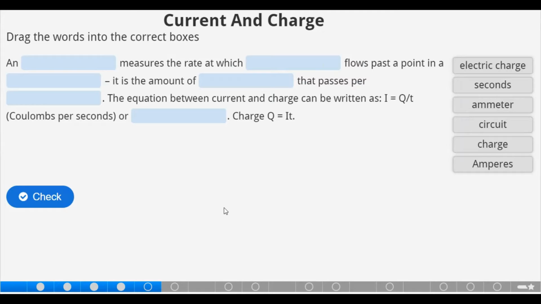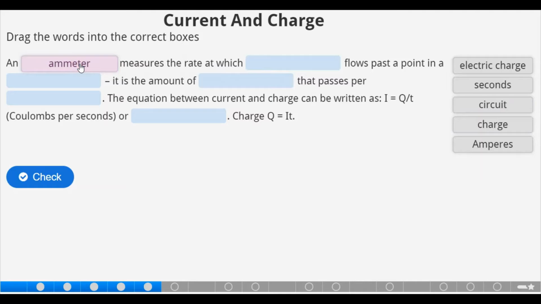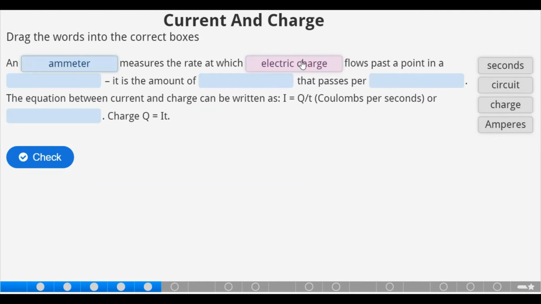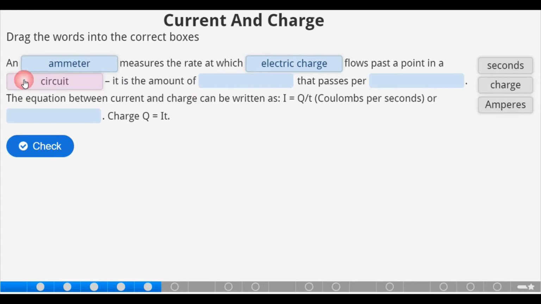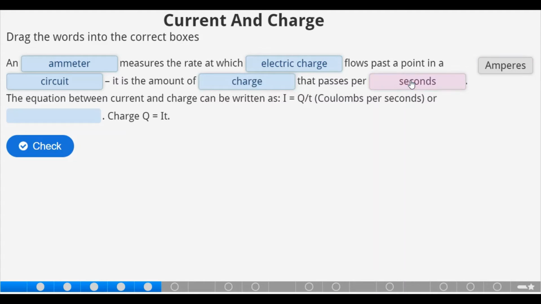Now, current and charge. How is current related to charge? Let's find out. An ammeter measures the rate at which electric charge flows past a point in a circuit. It is the amount of charge that passes per second.